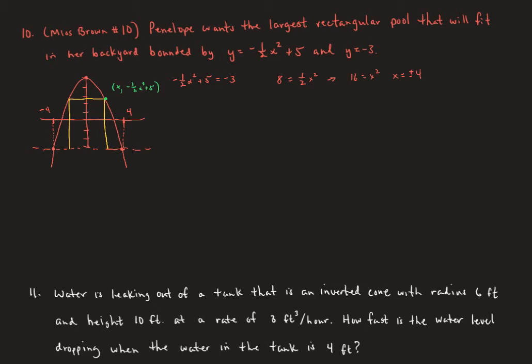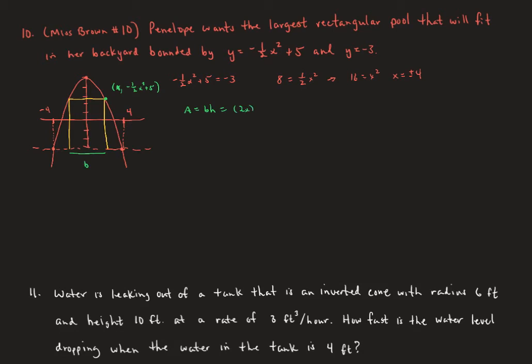Now our rectangle, we're trying to maximize its area, and that is going to be the base times the height. So our base is going to be this distance right here, which we can see if we compare it to this x value right there, that our base is going to be 2x.